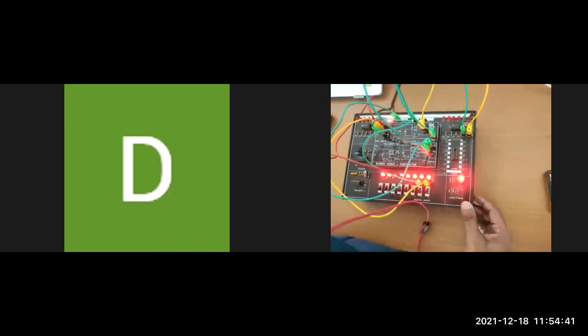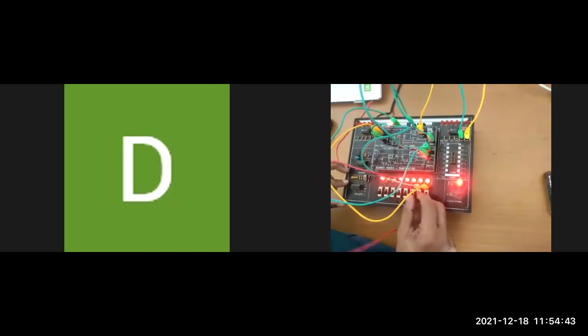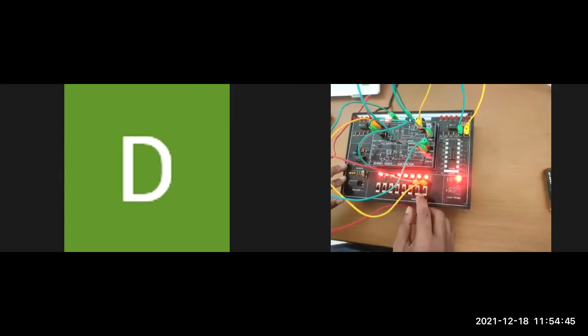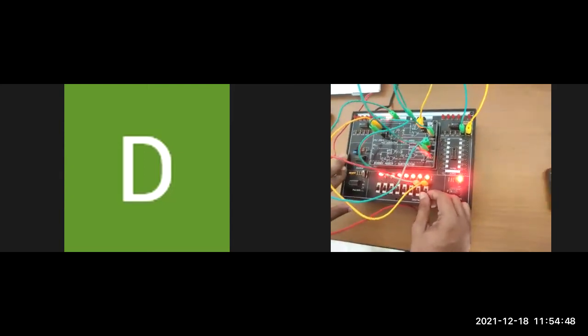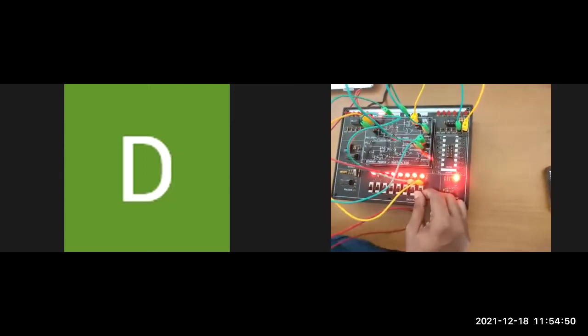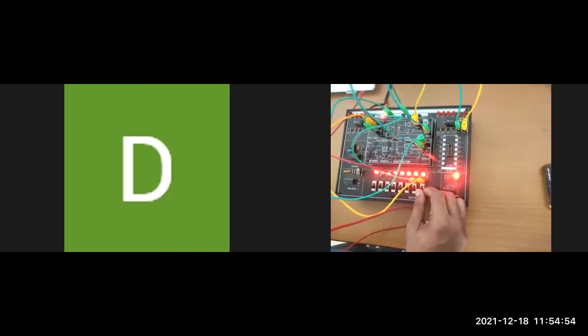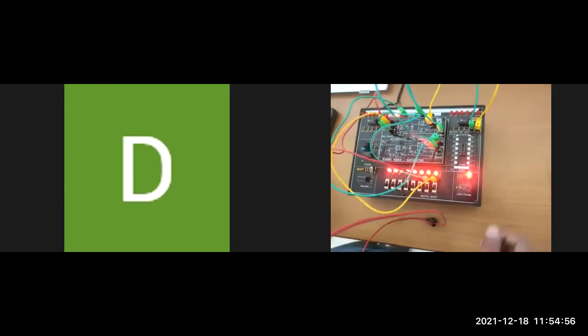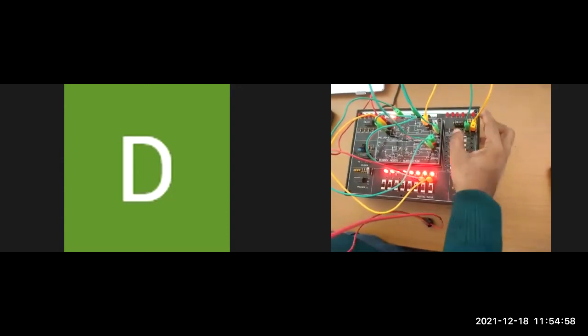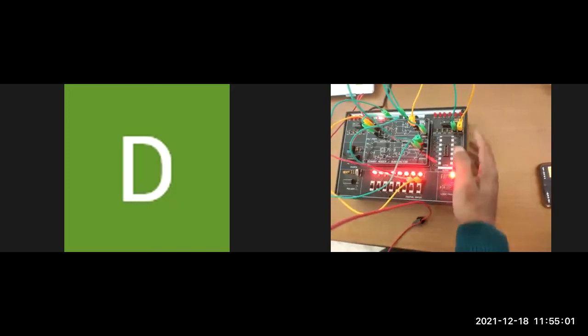First combination is 0 0 0. This digital input is already in the 0 0 0 state. So as per our knowledge, the output is 0 0. Here you can see there is no LED blinking, meaning sum and carry are 0.